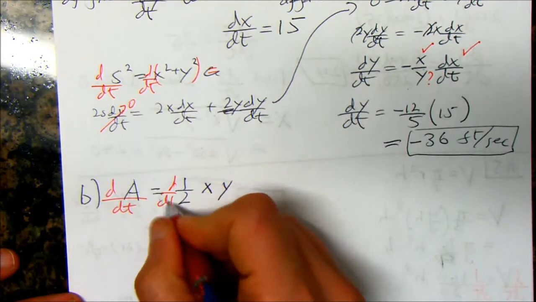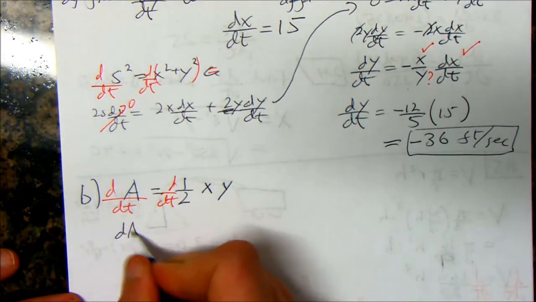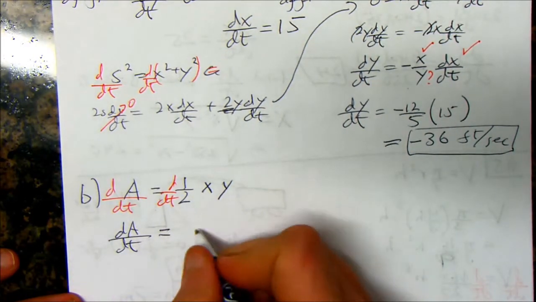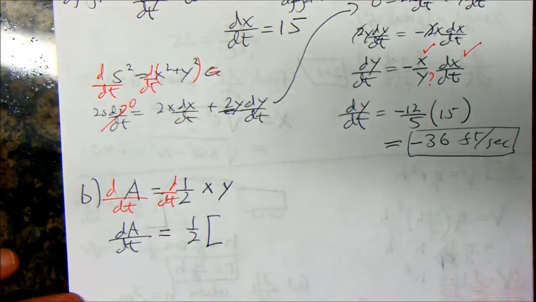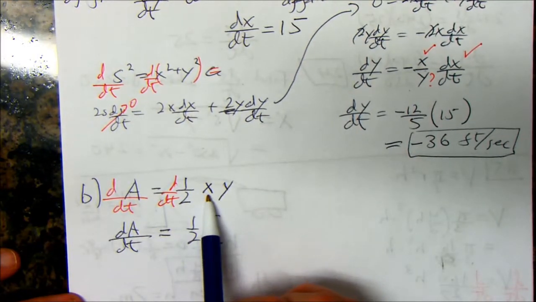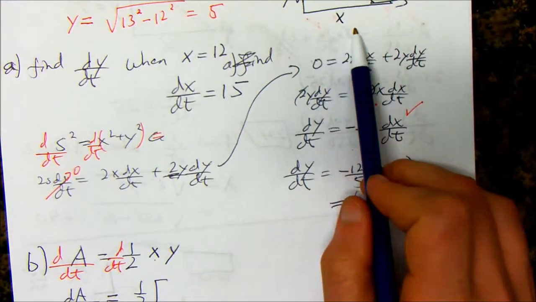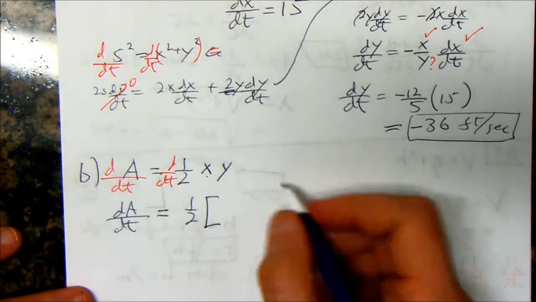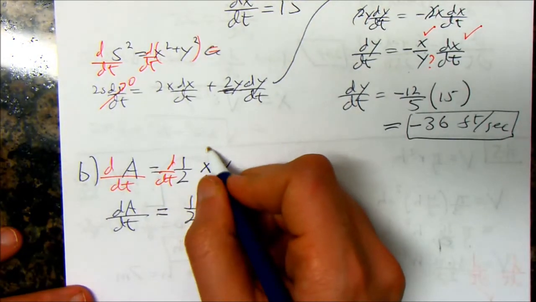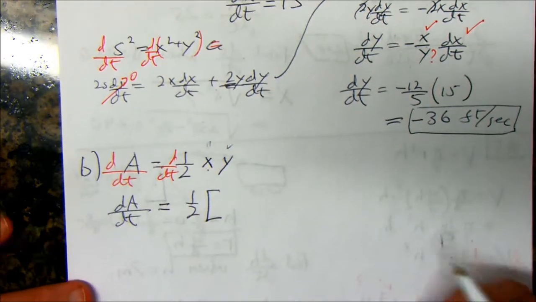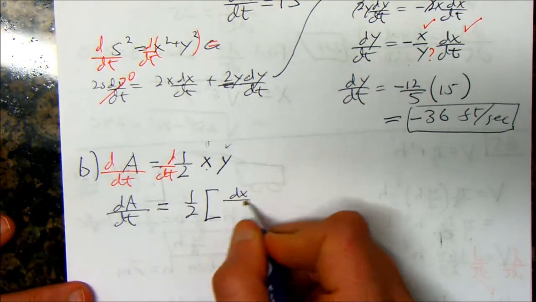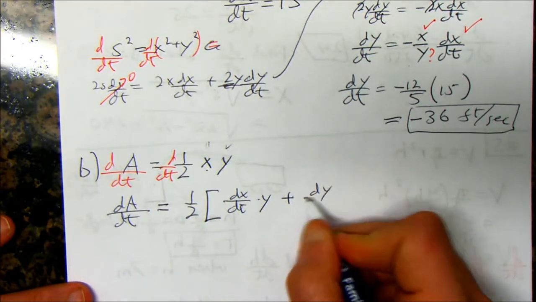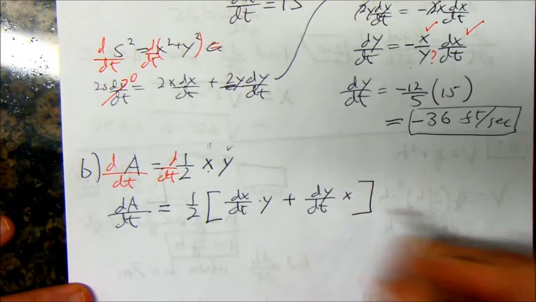We want the rate at which the area of the triangle is changing, so it's 1/2 times, how do we take the derivative of this? Does this depend on time? Yes, this is moving at a certain rate. Does this depend on time? Yes, it is. So we're going to have to do a product rule. This is my u and this is my v. So u prime v is dx dt times y, plus v prime u is dy dt times x.